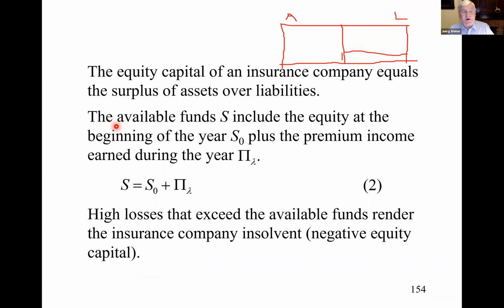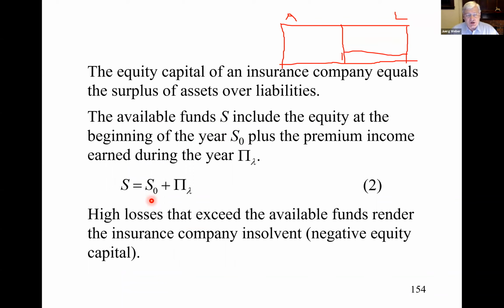Now, the available funds are the equity capital at the beginning of the year. That's this buffer stock, this equity capital, plus the premium income that the insurance company earns during the year. The premium income is paid by the people who have bought those insurance contracts.